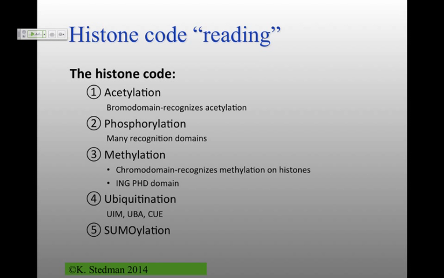Those methylated histones are usually associated with heterochromatin. On the flip side, if you look at acetylation, which we haven't talked about that much, but that's basically what's leading to opening up of your heterochromatin into euchromatin, these bind to the so-called bromodomain proteins, and these recognize acetylated histones. Phosphorylation, ubiquitination, we're not going to concentrate on that much.